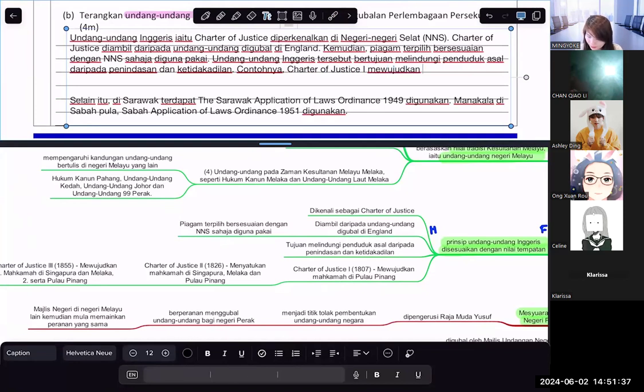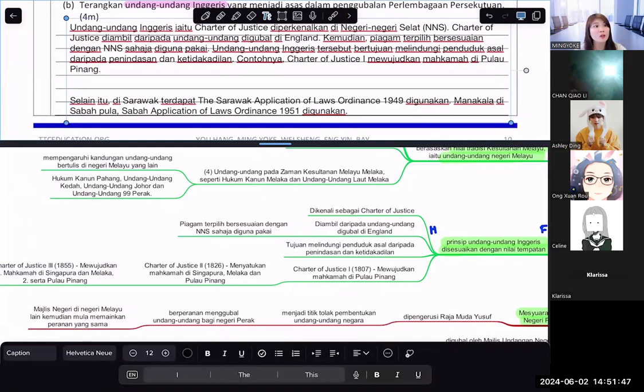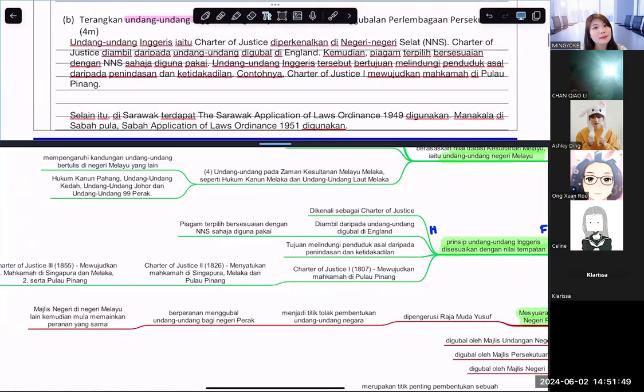Mewujudkan mahkamah di Pulau Pinang. Okay, like that. You remember that our English law, Sabah Sarawak also has it.